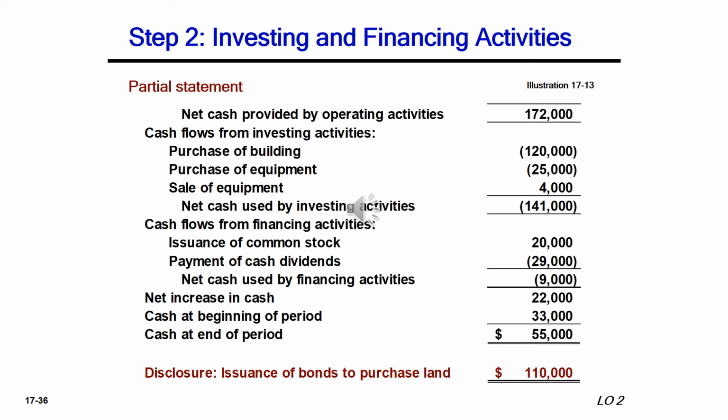We're mainly interested in the bottom line, as you can see, disclosing that the company had issued bonds to purchase a land, and the bottom, which is basically in a separate schedule to the actual cash flow statement that we've been working on.